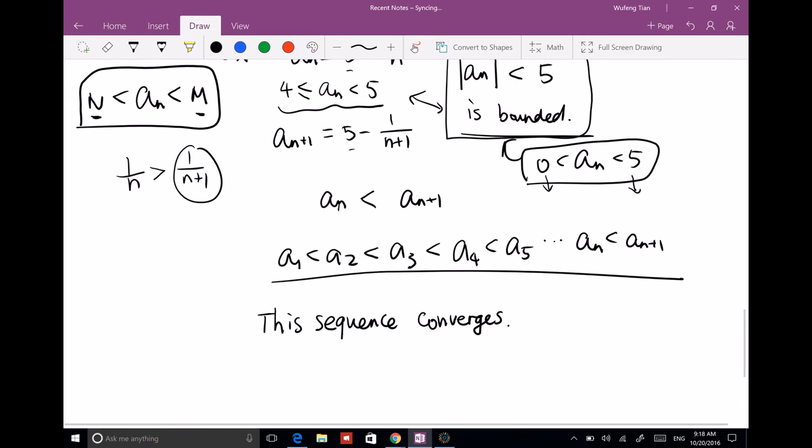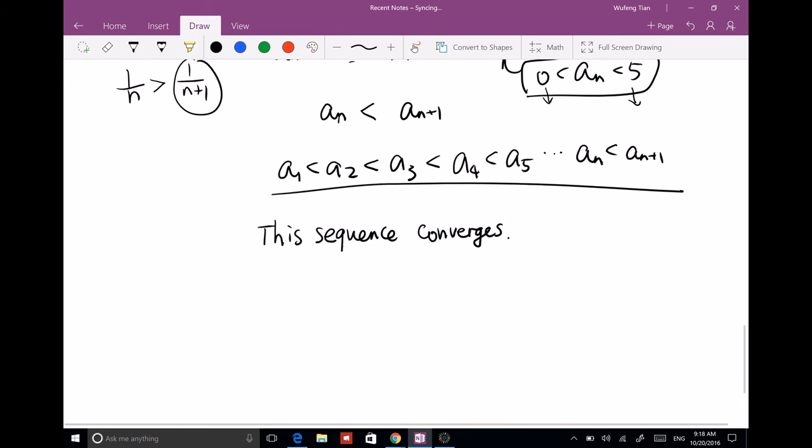All right. So next one, I want to use this theorem to do a_n equals 5 plus 1 over n.